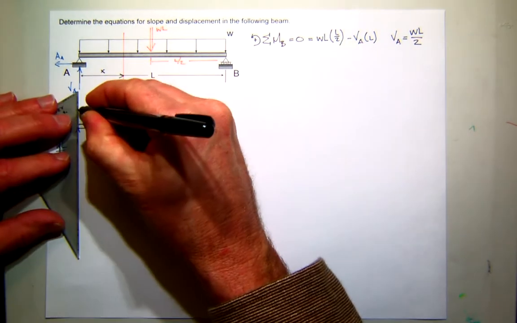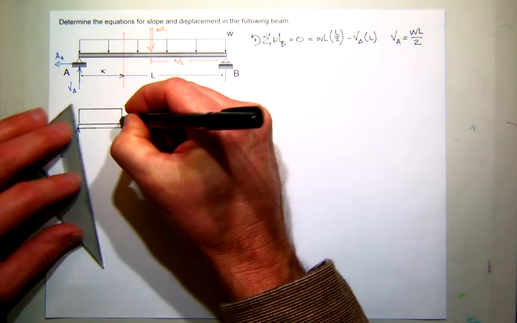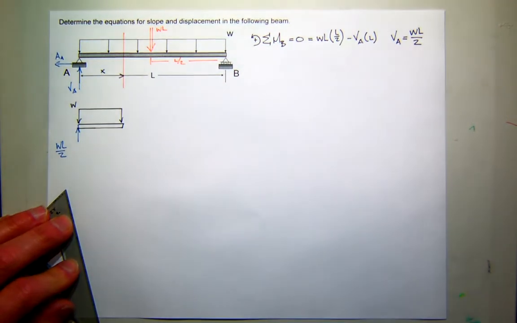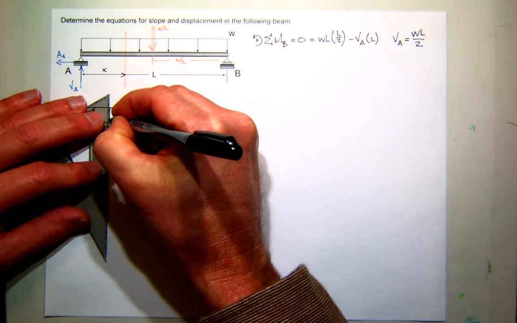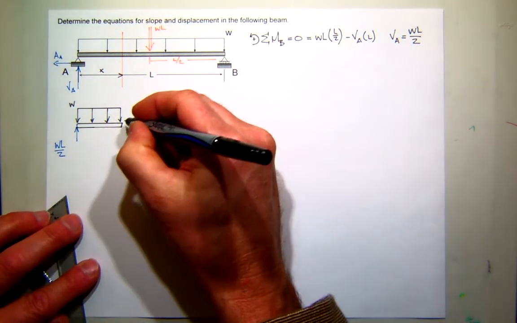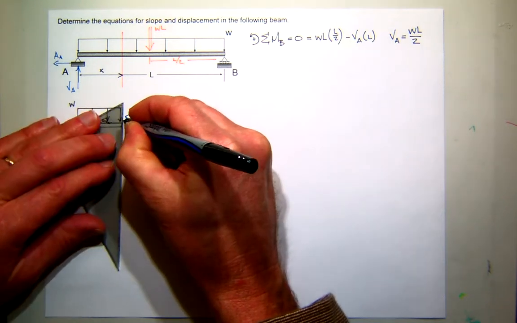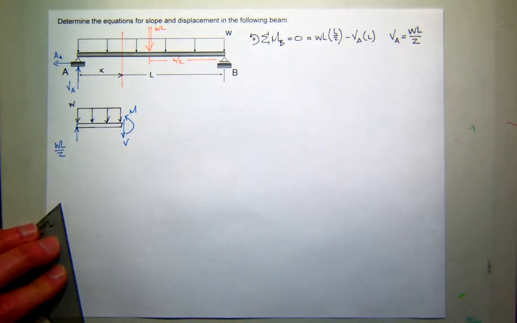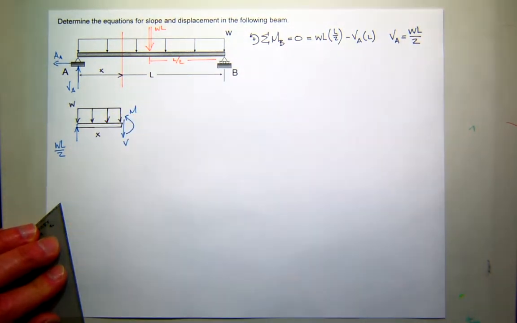I have the distributed load acting over the beam, which has a value of W. What else do I have? I've opened the beam up, so I have my internal stuff. I've got the moment and I've got the shear. Now, I don't care about the shear right now. I just want to find my moment. Oh, and also this is at an arbitrary distance x from the left hand side.